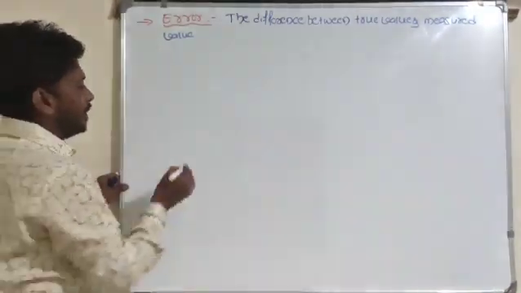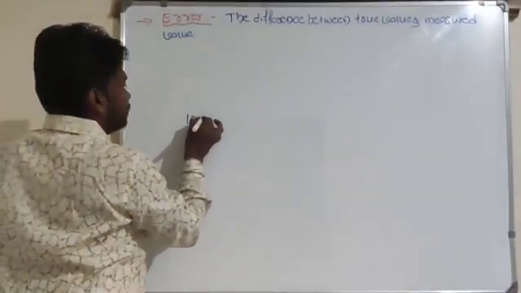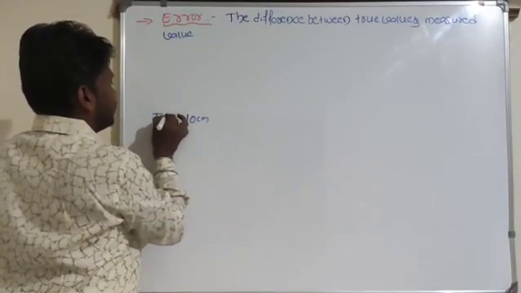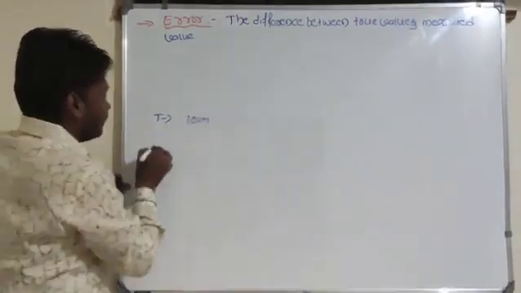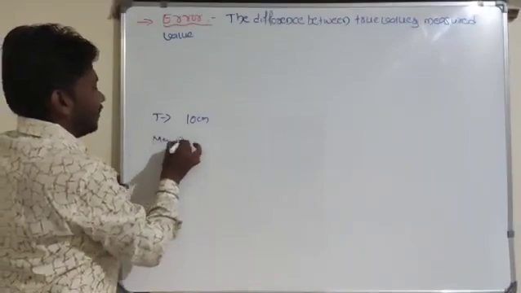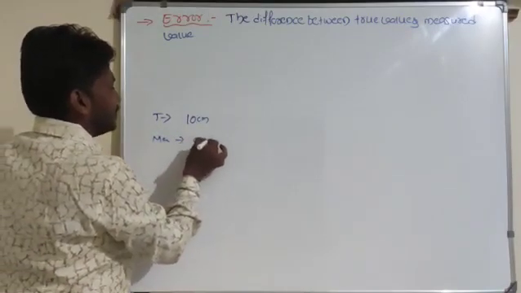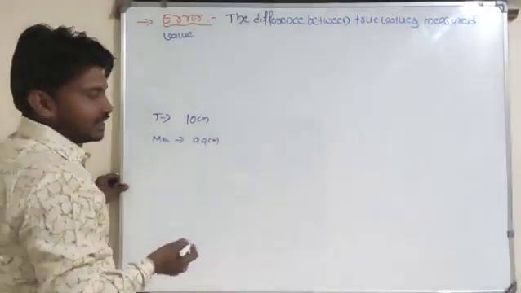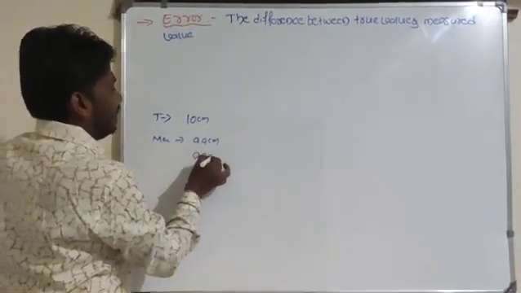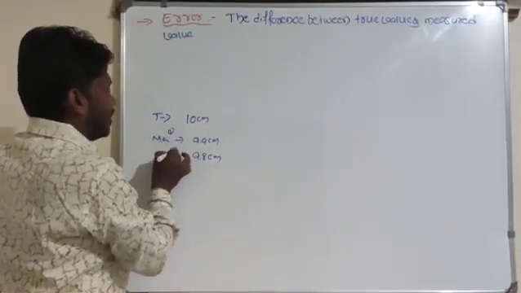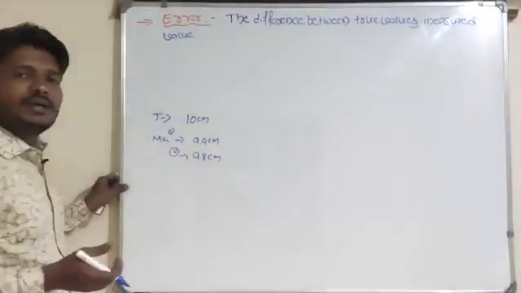Let me give another example. The true length is 10 centimeter. While measuring, if I measure the first time, I get 9.9 centimeter, and if I measure a second time, I get 9.8 centimeter.